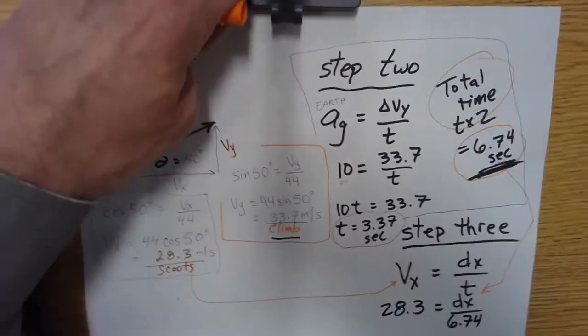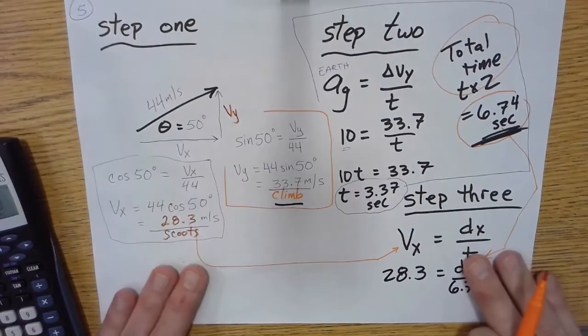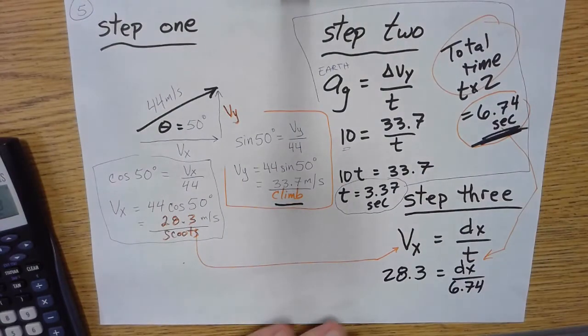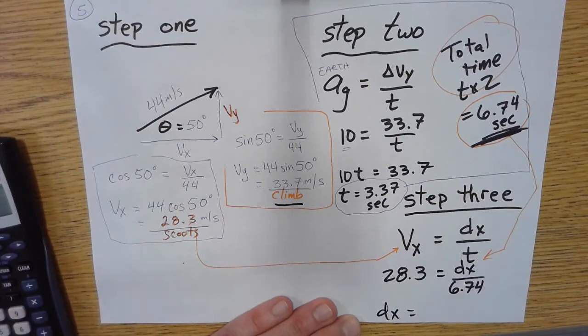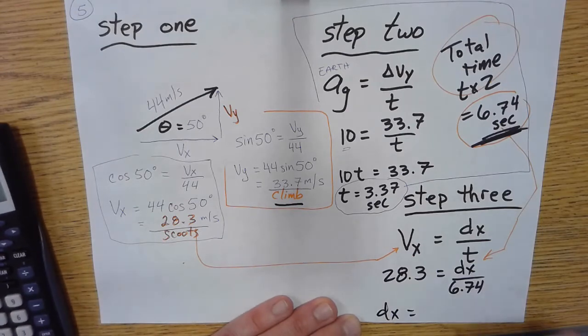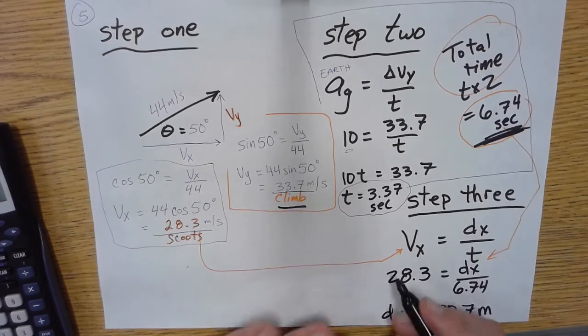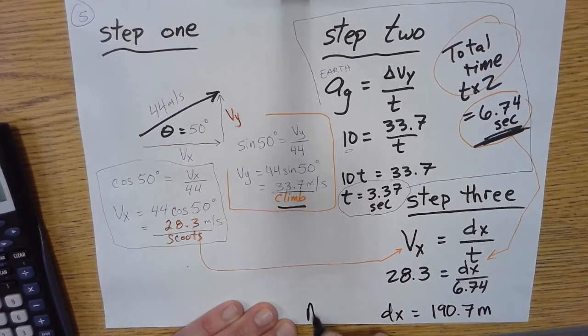So that's, yeah, and really it's just pretty easy to multiply that across. And that is our answer.